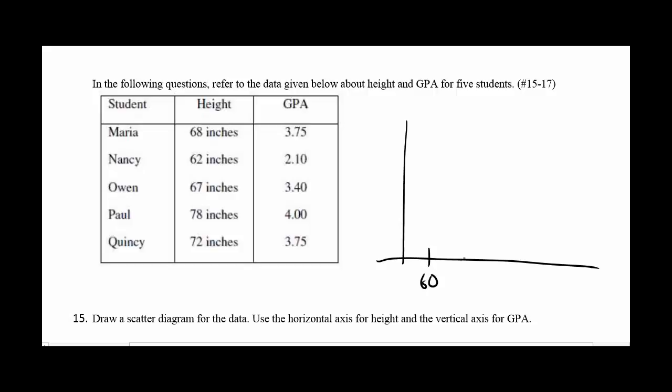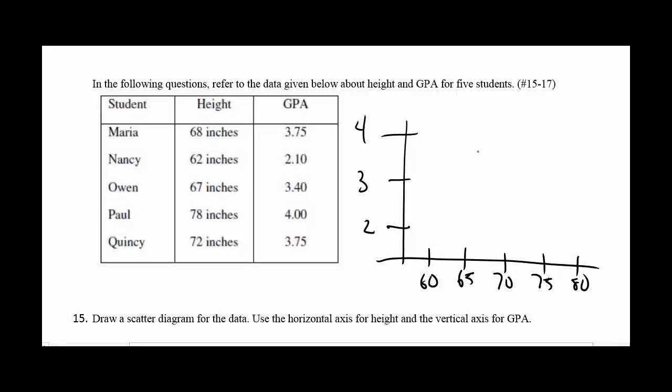So if I just go 60, 65, 70, 75, and 80, and then GPA looks like we're going anywhere from 2 up to 4. So 2, 3, and 4. And then I'm just going to plot estimated points.